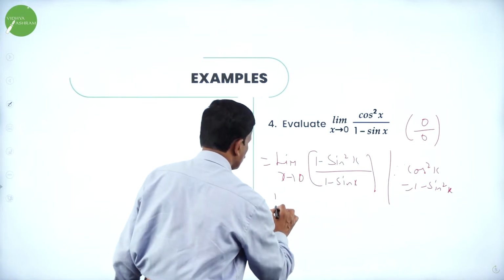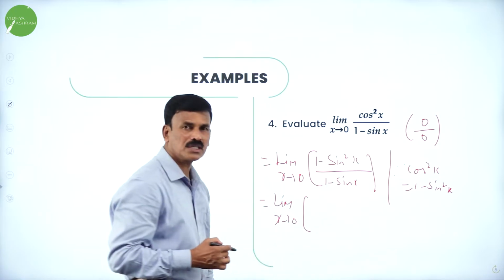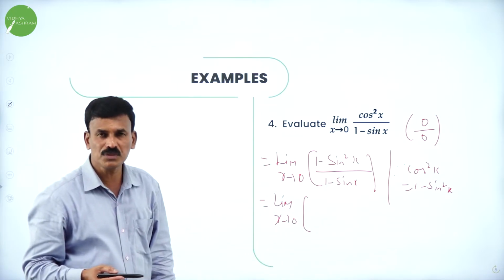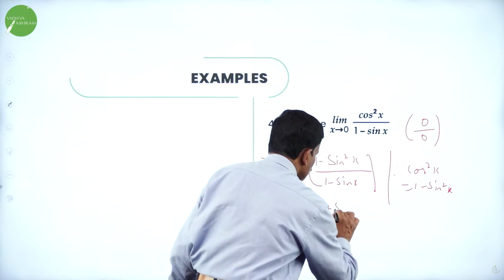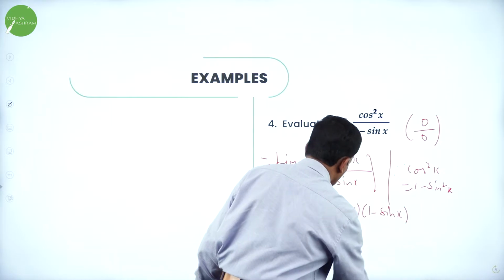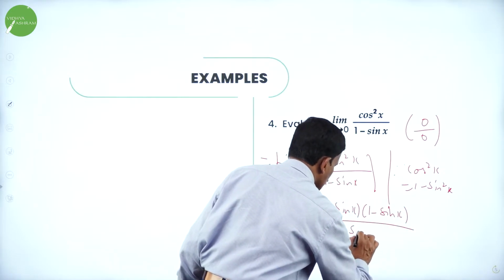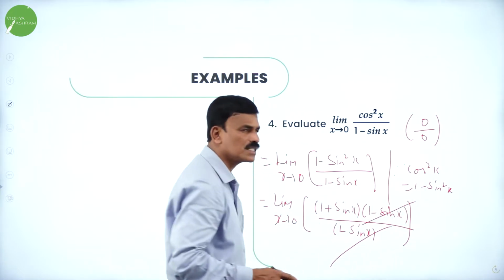Now this can also be written as limit x tends to 0 of, if you observe carefully, the numerator is of the form a square minus b square. This can be written as 1 plus sin x into 1 minus sin x, whole divided by the denominator, same, 1 minus sin x. So 1 minus sin x, 1 minus sin x gets cancelled.